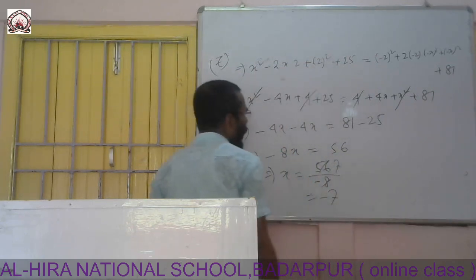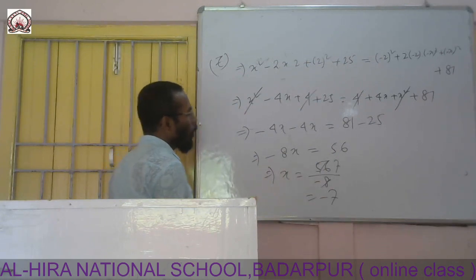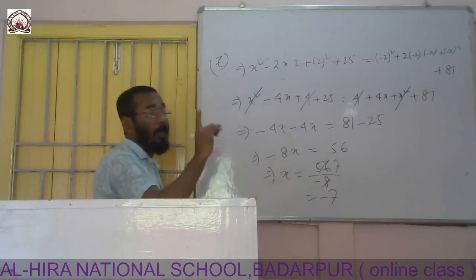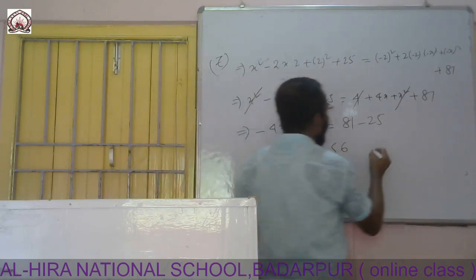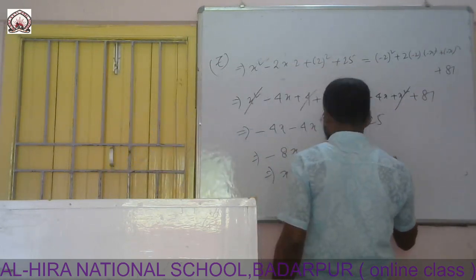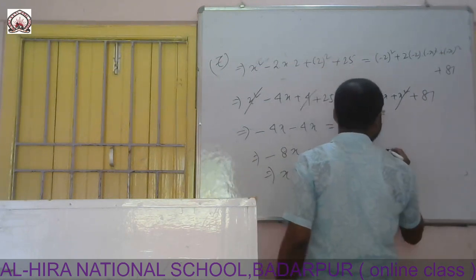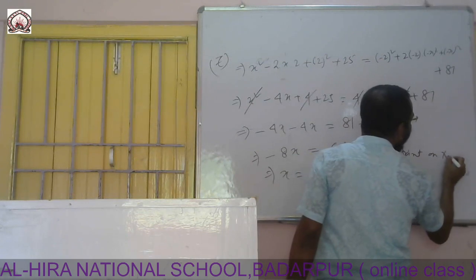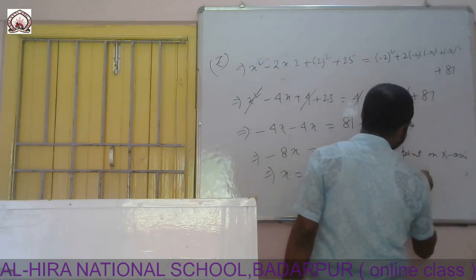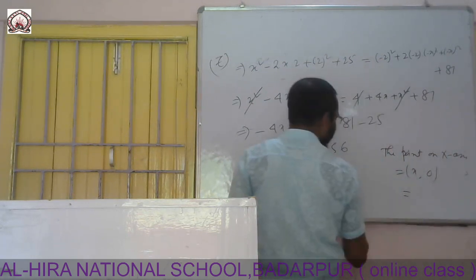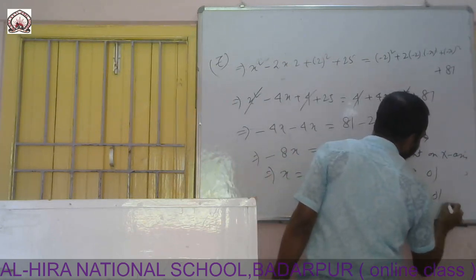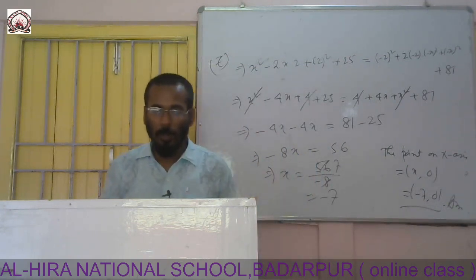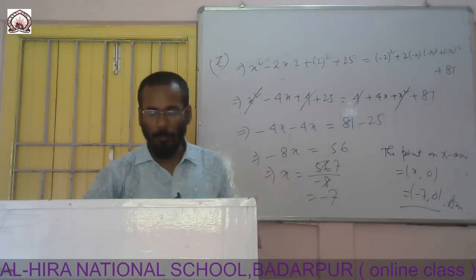So we are getting x is equal to minus 7, and our point is P(x, 0). So the point on the x-axis is (x, 0), and x is minus 7, so it is (-7, 0). It is the answer. So simply you use the distance formula and find this out.